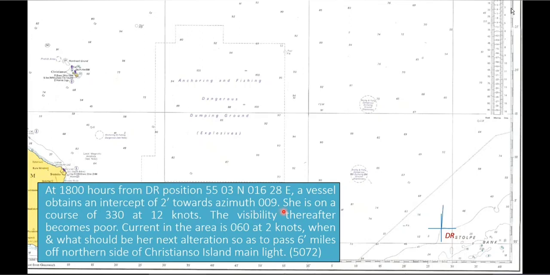Let's mark the azimuth. Intercept is 2 miles towards. So from the DR position, I go towards the body a distance of 2 miles and I reach this particular point. This is my ITP, the intercept terminal point.